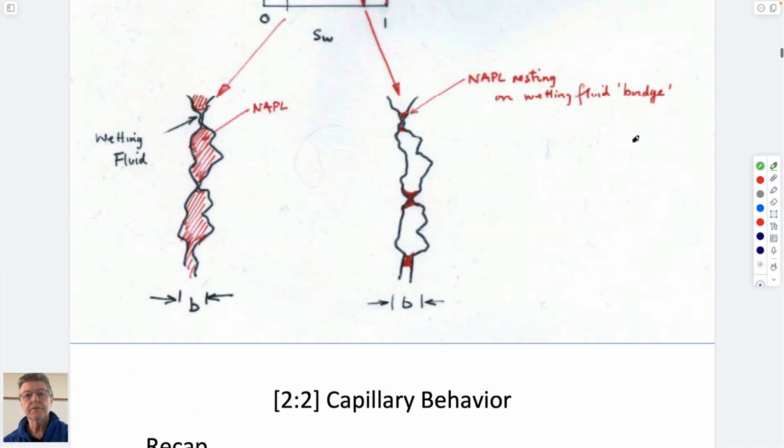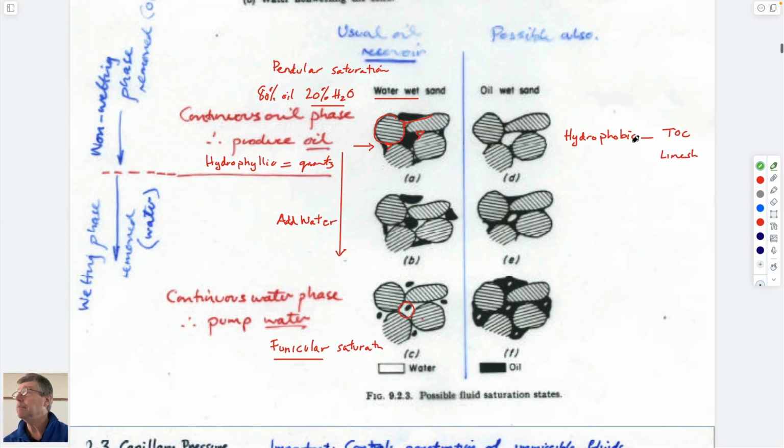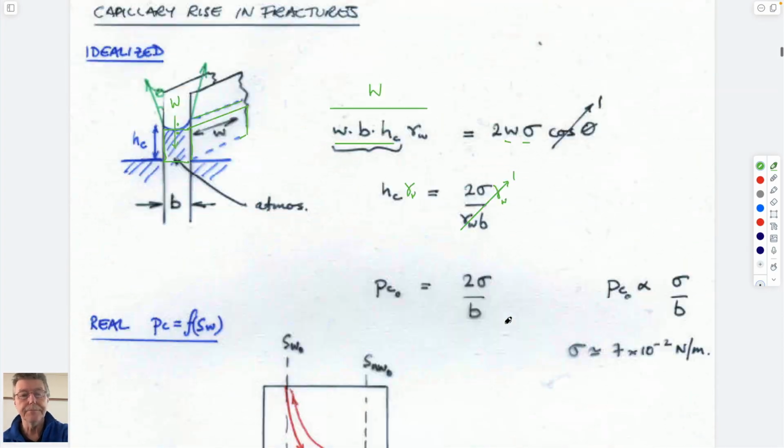From the pictures we had here, yeah, that's exactly what's going on. And so in each of these cases, even at the final stage, you're not 100% water saturated because you've got a bubble of oil in here. Or in the case where it's non-wetting, you've got a bubble of water in the middle and oil surrounding it. And so that's what we're trying to represent.